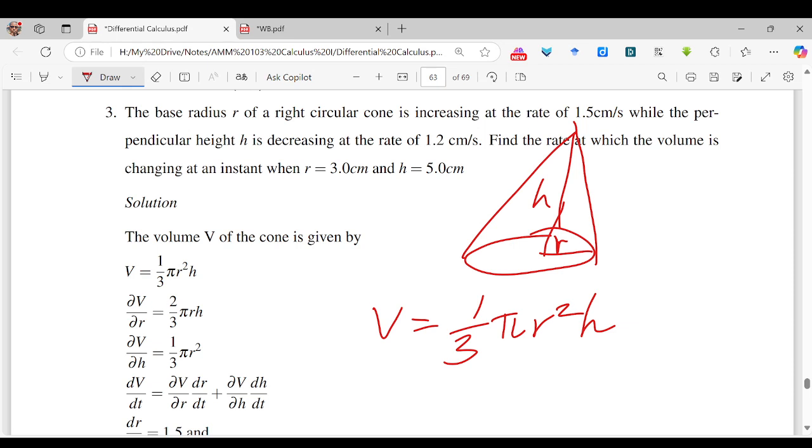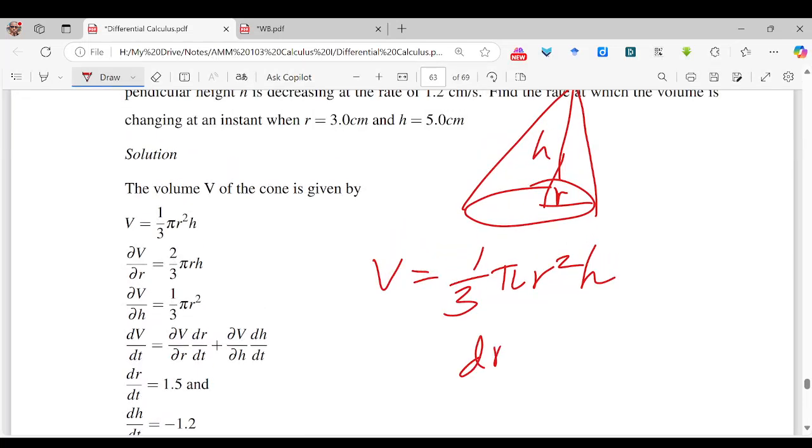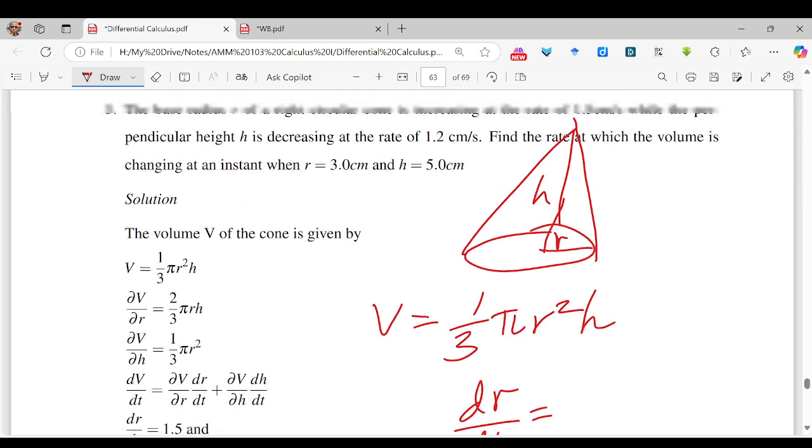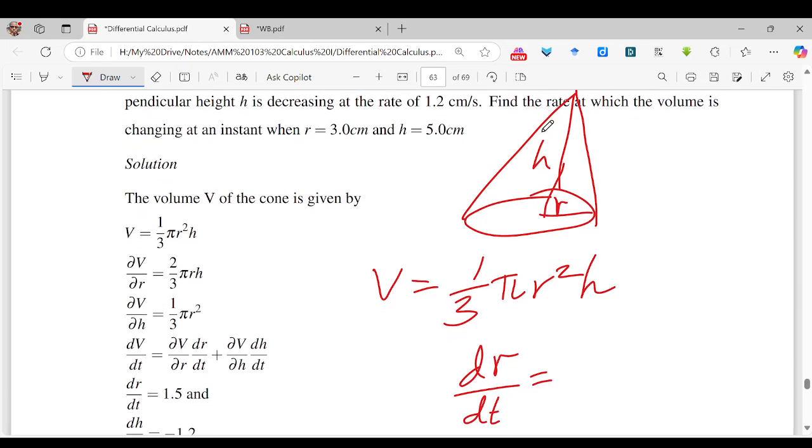Volume is a function of two variables, which are r and h. So we are given the rate of change of r per unit change in time. You're told that r is increasing, so there's a positive rate of change of 1.5 centimeters per second.